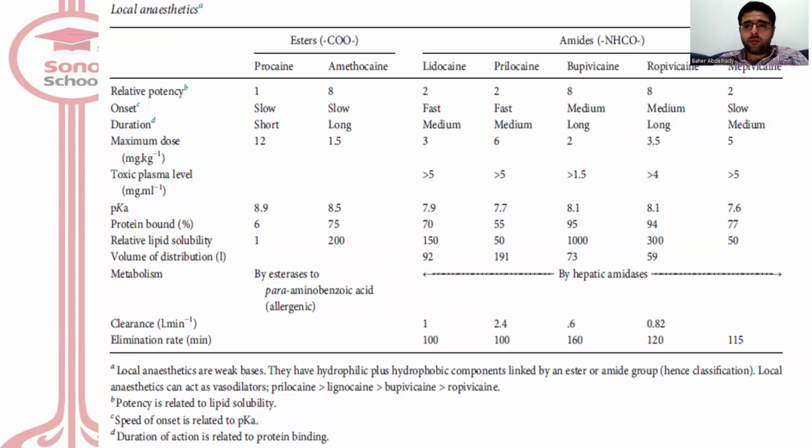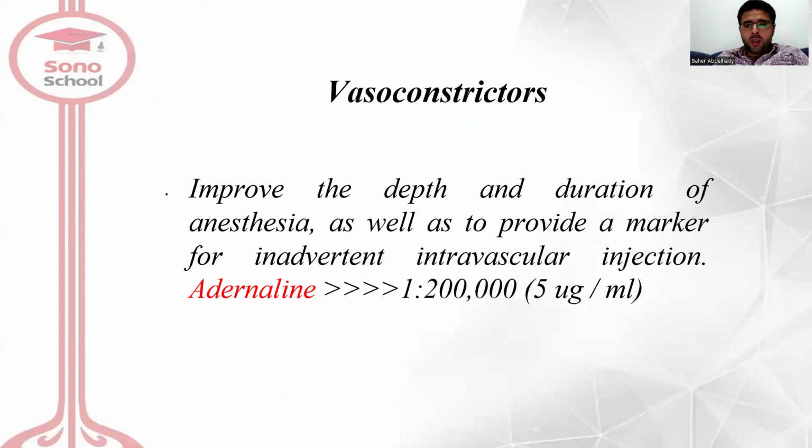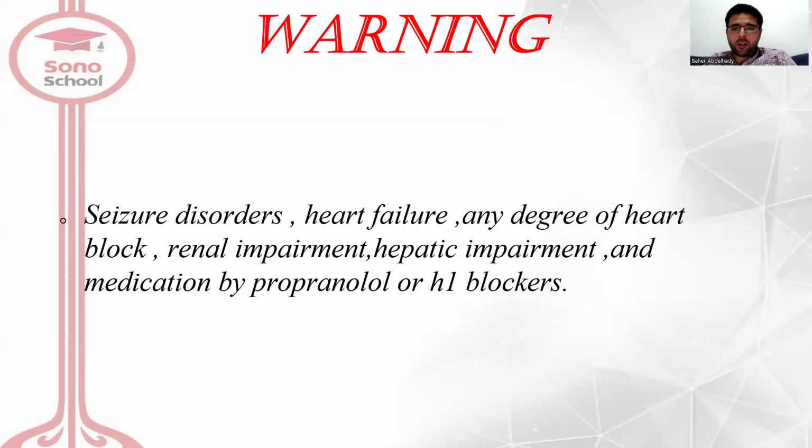The dose can reach 7.5 milligram per kg. However, some texts of anesthesia mention that adrenaline can also be added to bupivacaine. We can add adrenaline as a famous vasoconstrictor to achieve longer duration and deeper block.